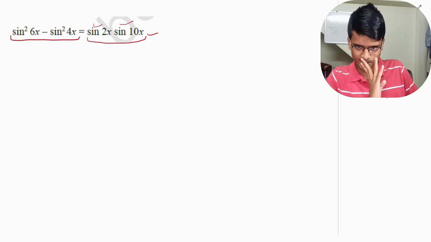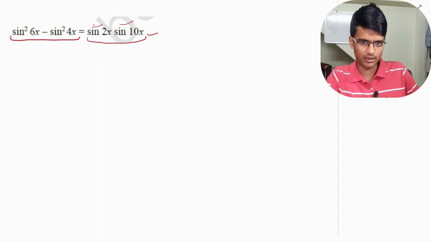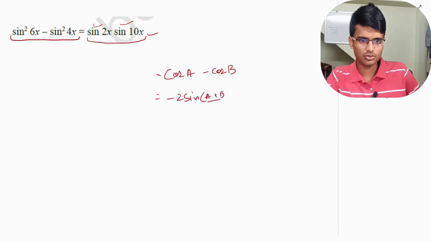Okay, we know something: cos A minus cos B. What is this? Minus 2 sin((A plus B)/2) sin((A minus B)/2), right?